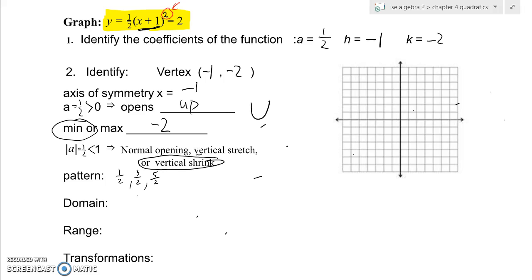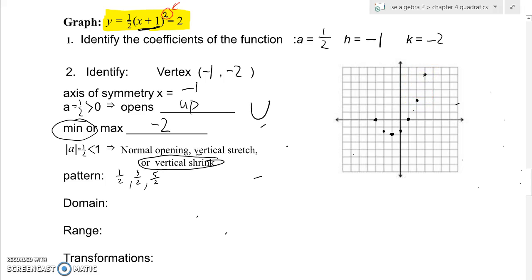So starting at our vertex, negative 1, negative 2, we go over 1 and up 1/2, over 1 and up 1, 2, 3/2, reflecting those points over our axis of symmetry. If we go over another one, we go up 5/2, 1, 2, 3, 4, 5/2, and then over 1, up 7/2.